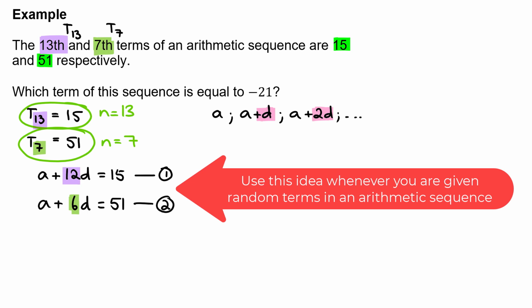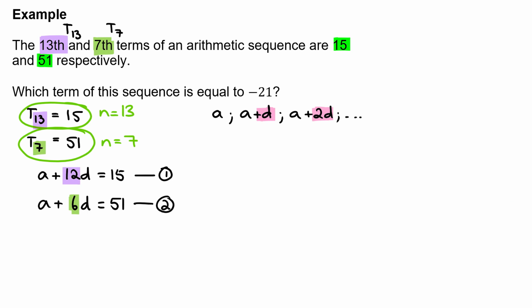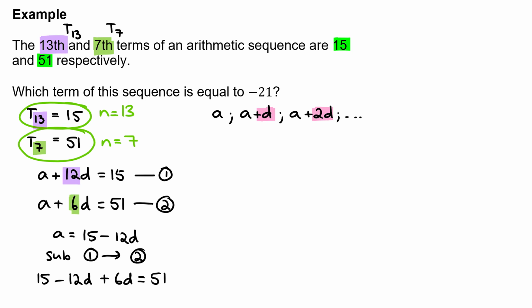So the easiest way to do this is to use substitution or elimination, whichever one is easier for you. But let's do that. In equation 1, we see that a is going to be 15 minus 12d. So if we sub that first equation into the second equation, we're going to get 15 minus 12d plus 6d is equal to 51.